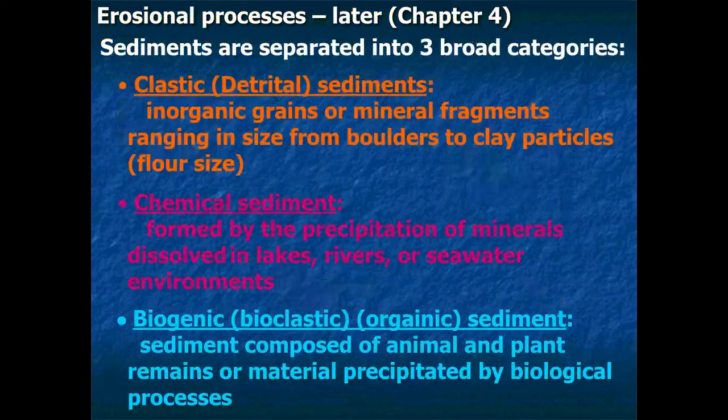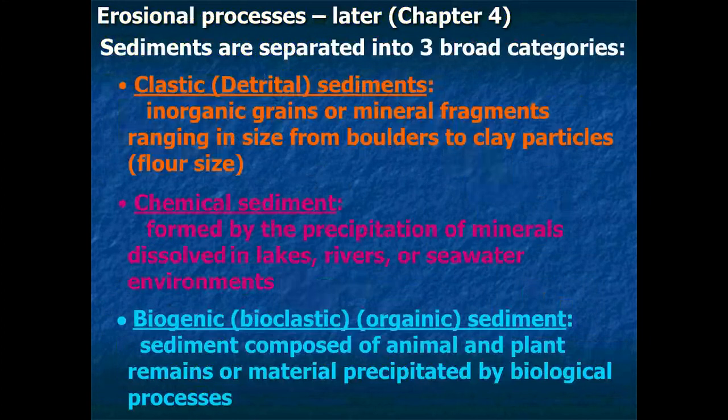And when we say precipitated, that is a term that describes basically a solid being born out of a liquid. Okay, so precipitation in this case is a solid born out of a liquid. So we can have a huge lake, for example, and various processes will allow solids to come out of that lake, and we would call that chemical sediments.